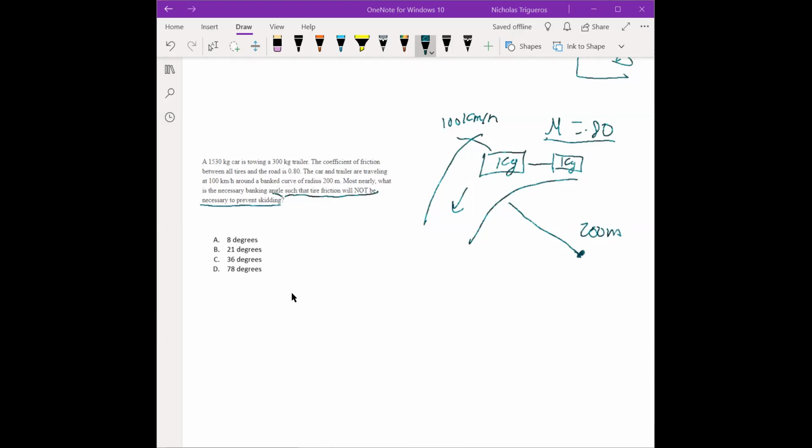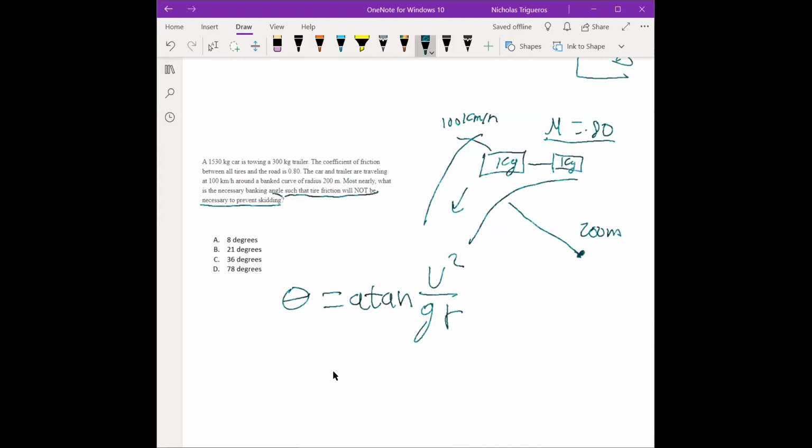So to get the angle, we need an equation. I was not able to find this equation in the handbook, so you might not see a problem like this, but it's a good equation to know regardless because it's the equation for the banking angle of anything with a velocity under the spell of gravity with a particular radius.